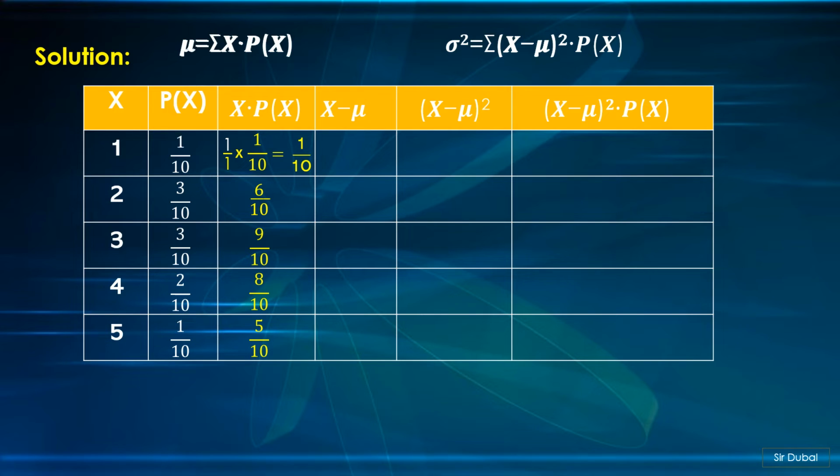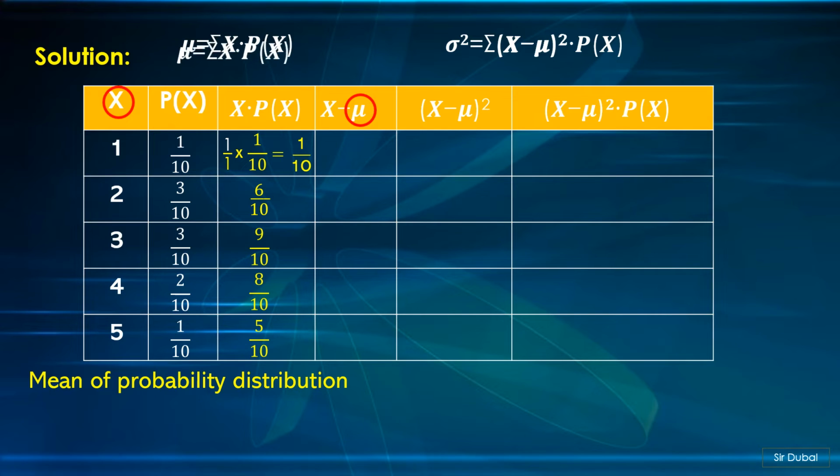In the next column, we have x minus mu. And our x is that part there. And our mu is that formula above. That formula is our mean. In order to get the value of the mean, we need to solve it first. So I'm going to show you. So the mean of a probability distribution, and that is the formula.